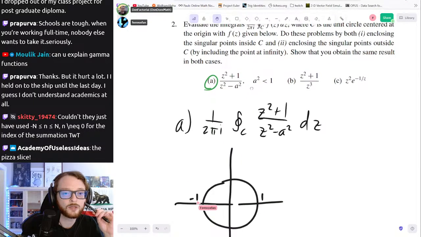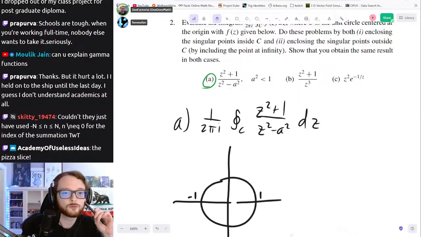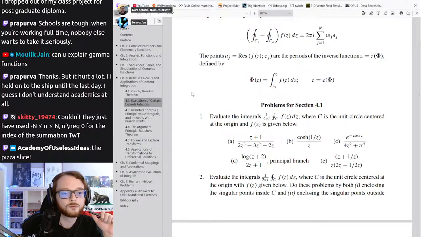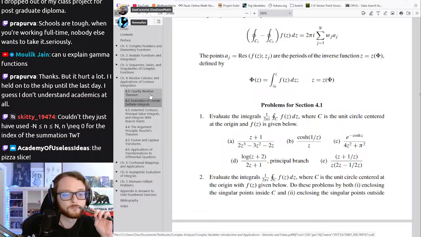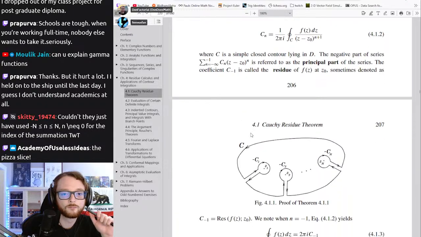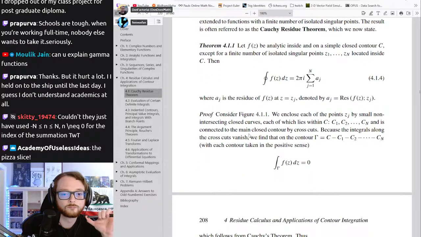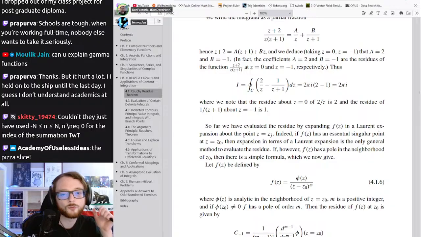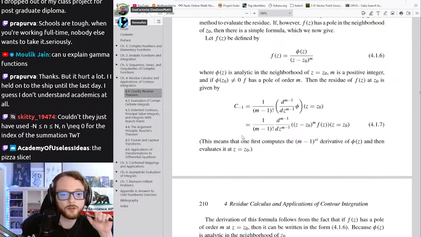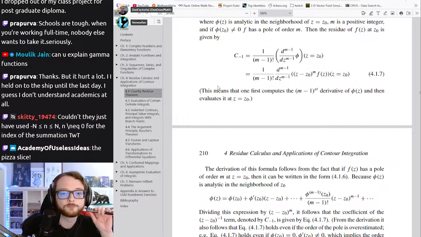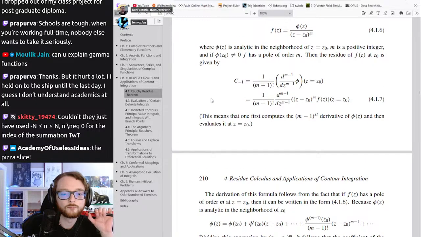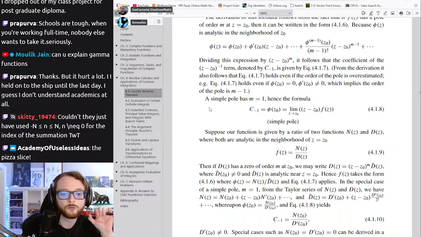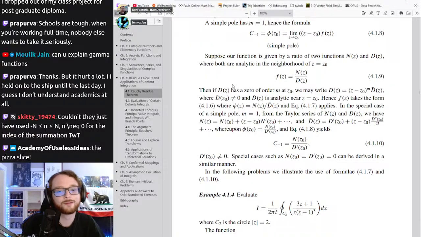Might need partial fractions, we'd have to do division first. Maybe we don't need partial fractions. It's just a rational function. We should have a formula here. They're both simple poles, so we can do the one you said. Yeah, that one is pretty cool.